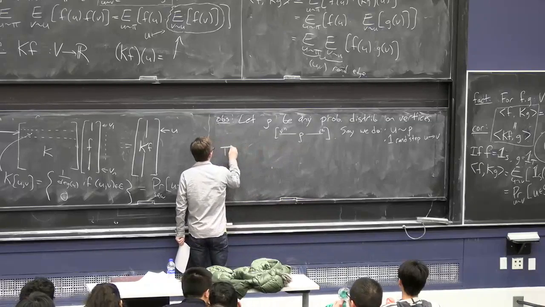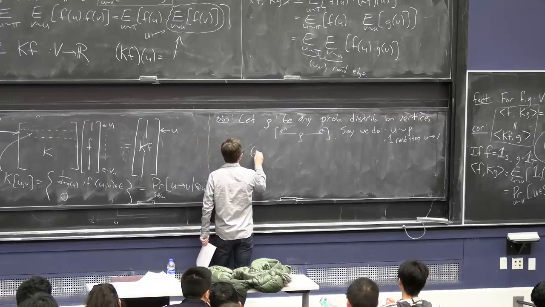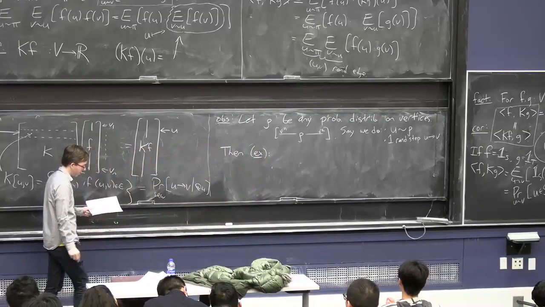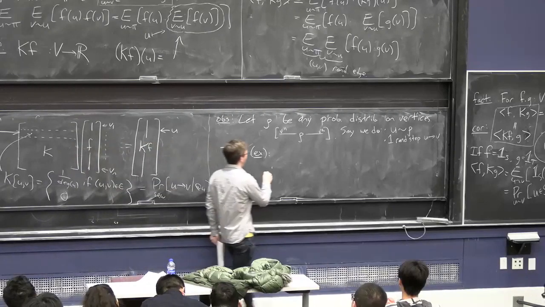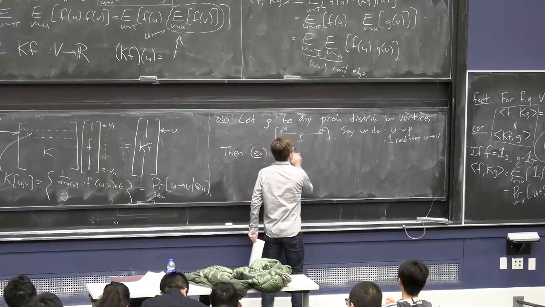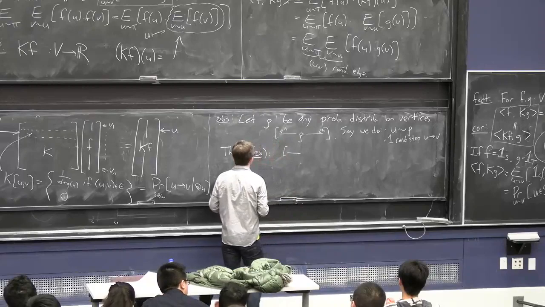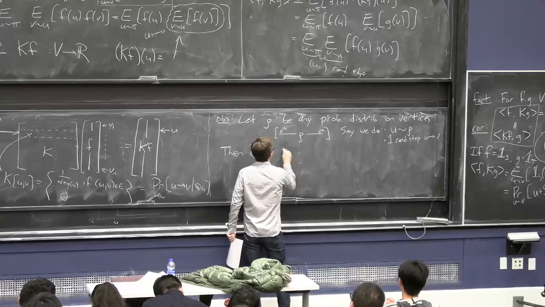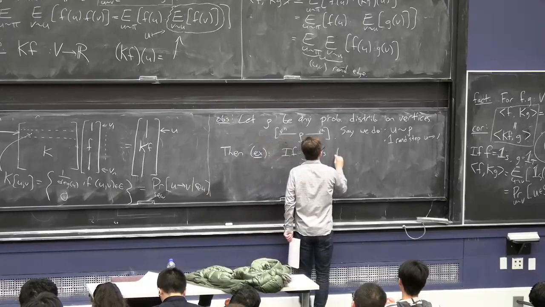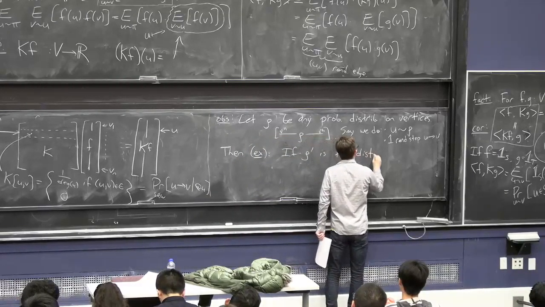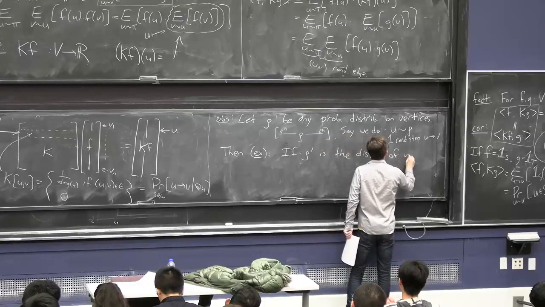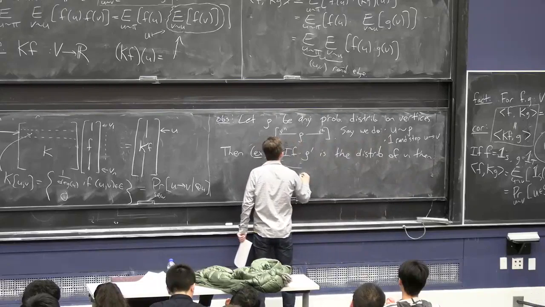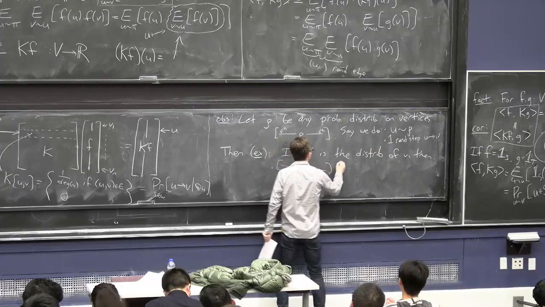I call it an exercise, but I hope you can verify it in your head as the next minute passes, that you can figure out what it is. If rho prime is the distribution of v, then we have this formula: you get rho prime by taking the row vector rho and multiplying it against K.